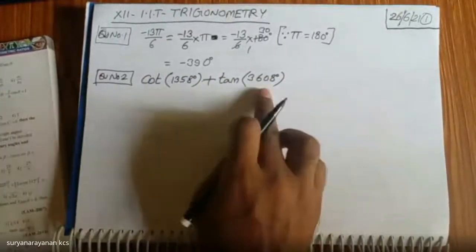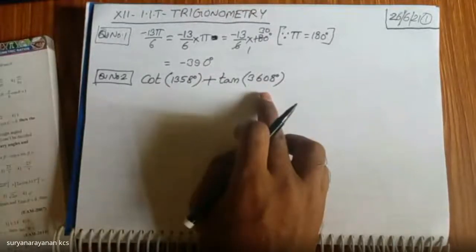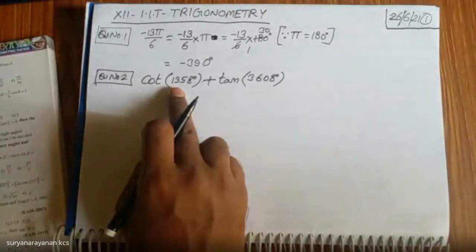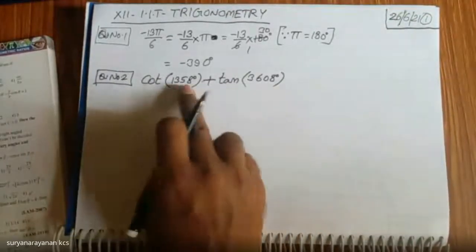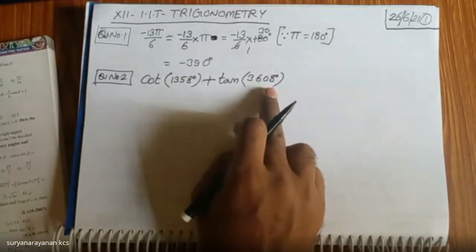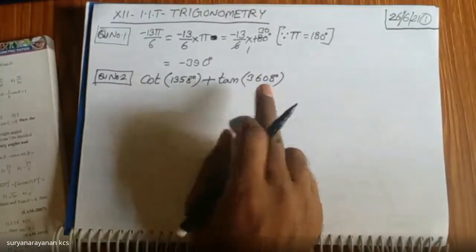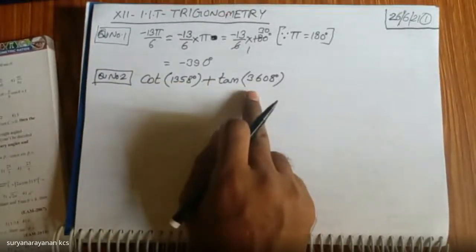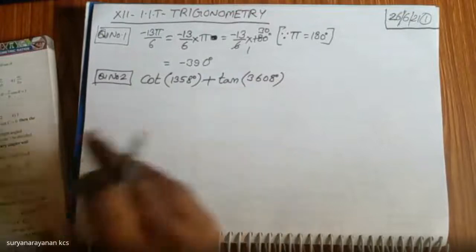If you observe the angles given here, they are more than 360 degrees. Yes or no? Both angles are more than 360 degrees. So in this case, first of all, we have to divide these bigger angles by 360 degrees. First, we have to reduce them.